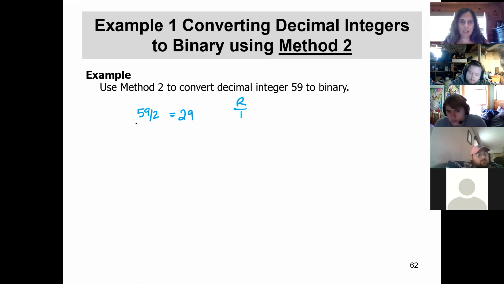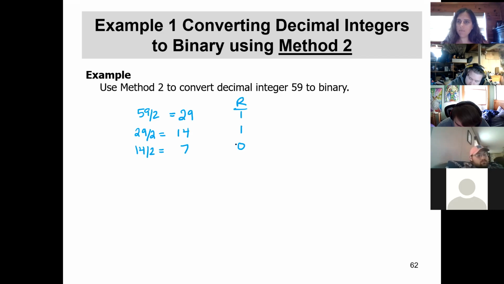Now take this number 29 divided by 2. That's 14 with a remainder of 1. 14 times 2 is 28, so I have the remainder of 1. Now 14 divided by 2, that is even. So that'll go in nicely at 7.